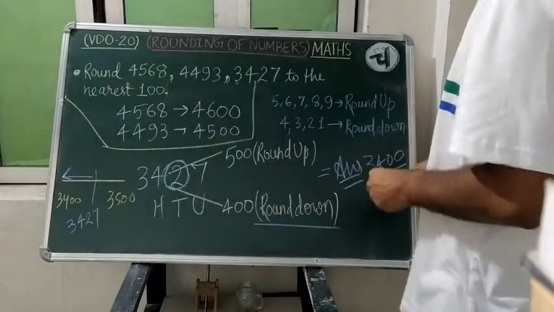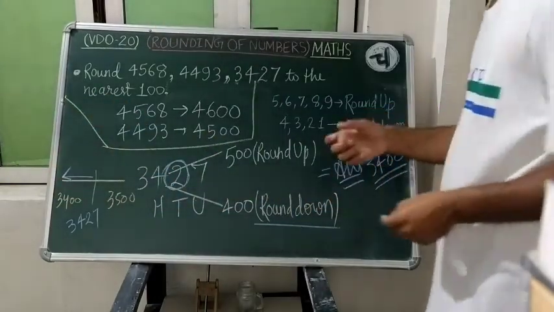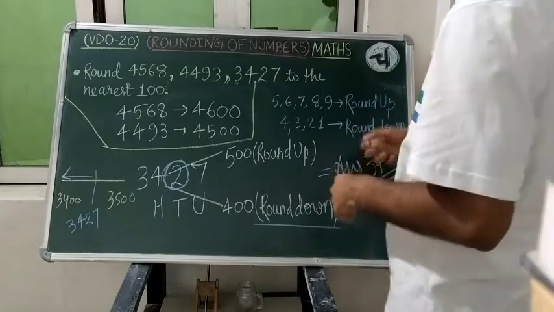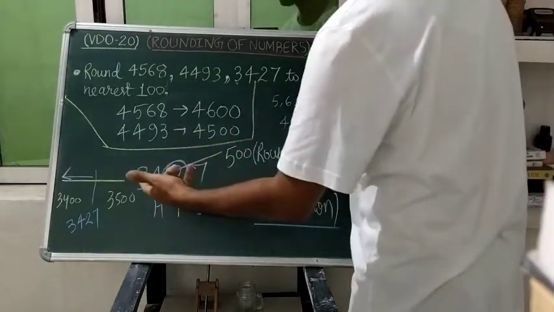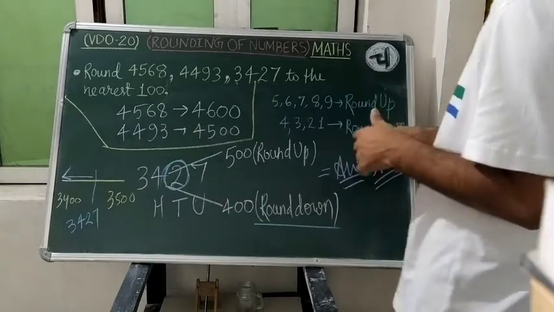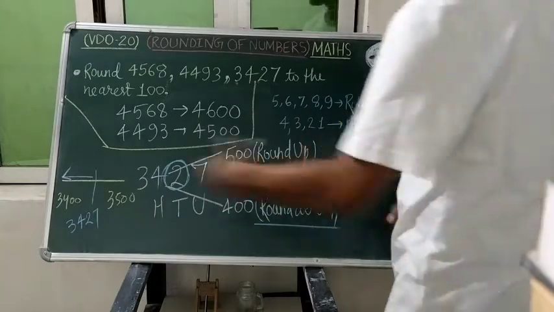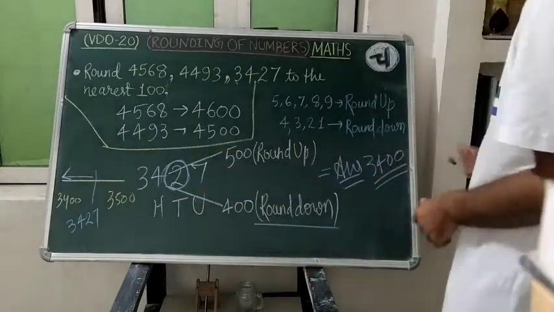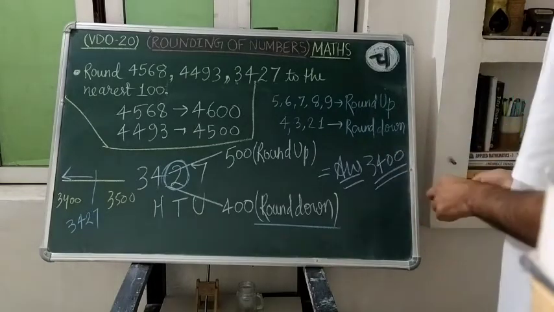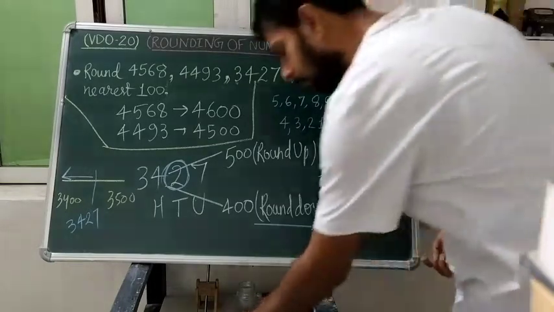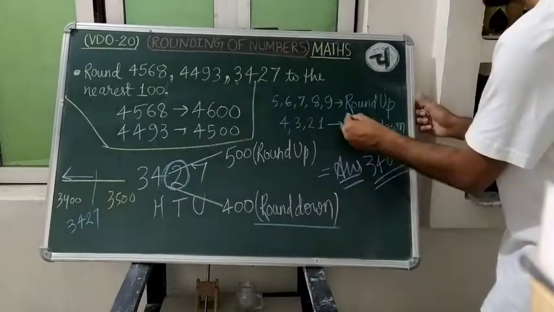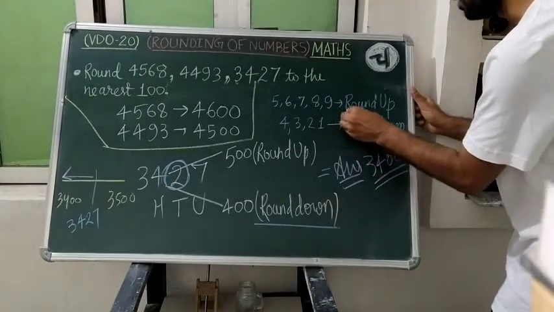For round down we will go to the left side. For round up we will go to the right side. So you can also write it. For round up, right side.